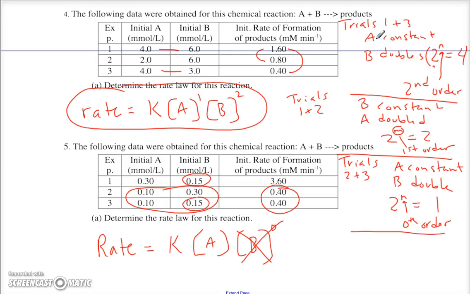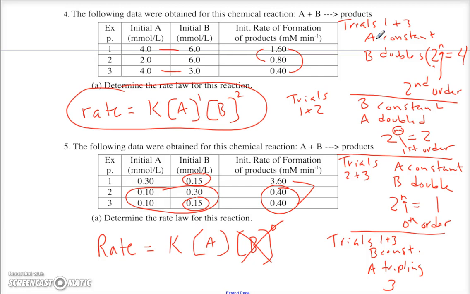Now we need to look at 2 different trials where B is constant. B is constant between trials 1 and 3. And what's happening to A in that case between trials 1 and 3? A is tripling, so we're increasing it by 3-fold. What's happening to the rate?